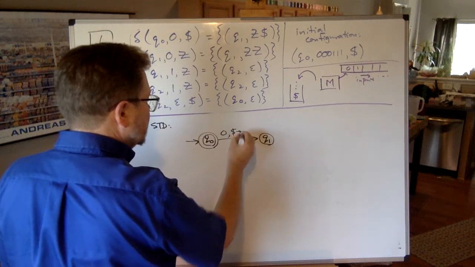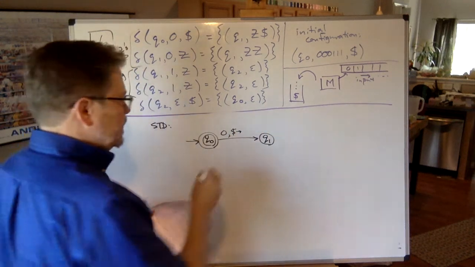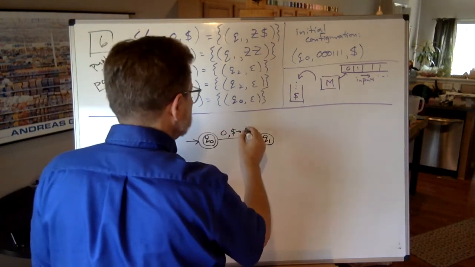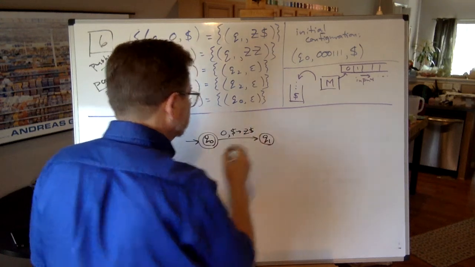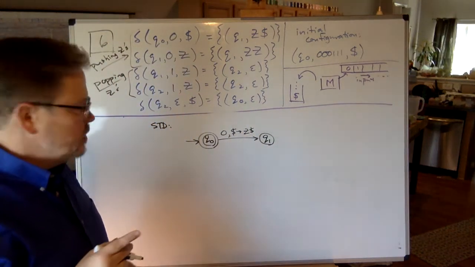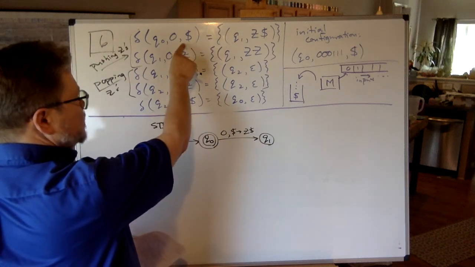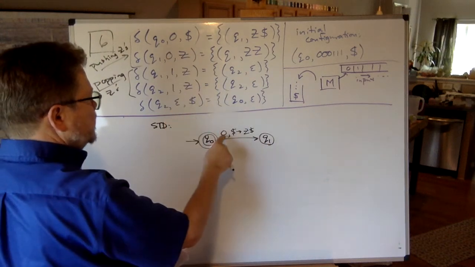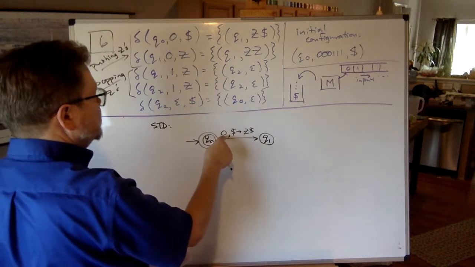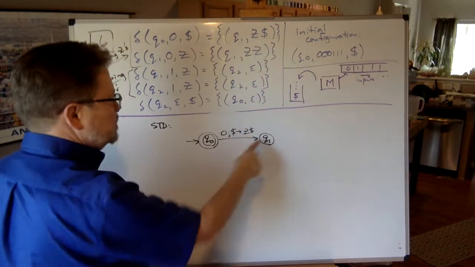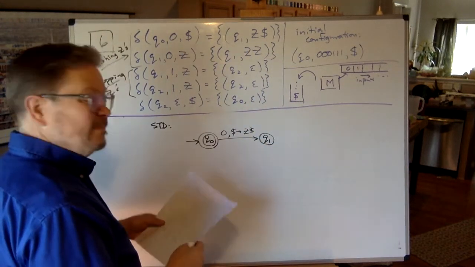We'll use another arrow in here, a little arrow on top of that arrow. I hope that's large enough that you can read it. This says in the transition from Q0 to Q1, when I see a 0 in the input, I consume that 0, and I replace $ with Z$ as I go to Q1.